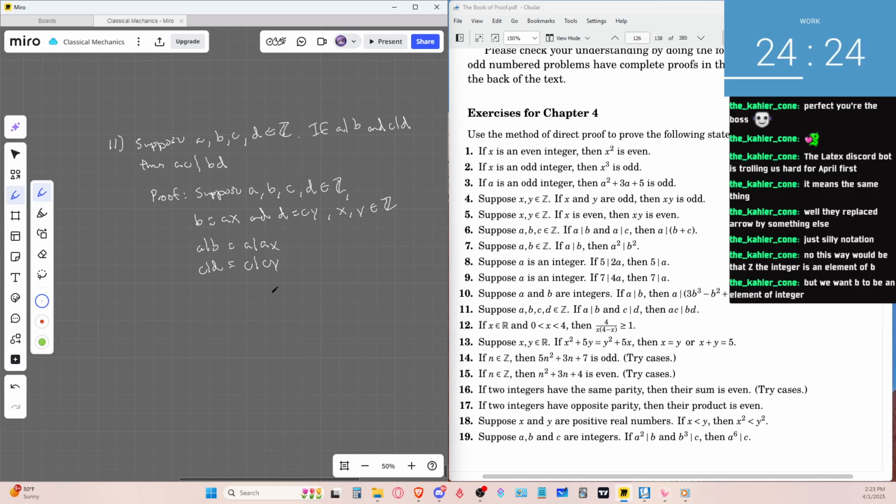Alright, so what is... So a times c. So if we have that, then it would be a times c, which would then be equivalent to ax times cy. And actually I should have written it like this: a c bd.